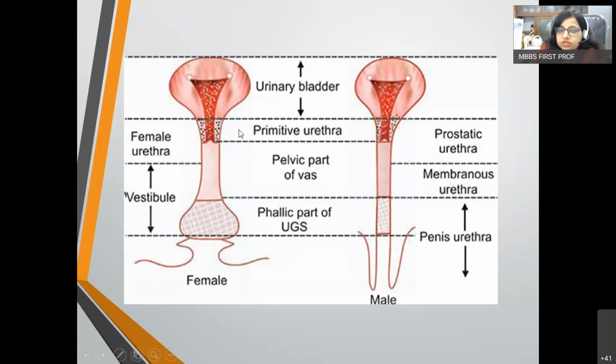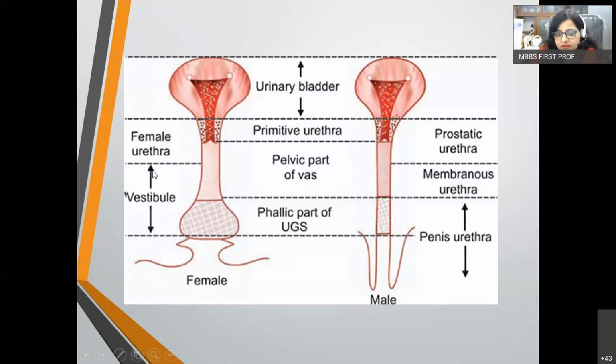The vesico-urethral canal, cranial part is forming the urinary bladder, and the caudal one is the primitive urethra. So this primitive urethra, along with the pelvic part of the definitive urogenital sinus, forms the female urethra. This is true for the prostatic part of the male urethra also. That is, female urethra corresponds to the prostatic urethra in male. And this is derived from the primitive urethra along with the cranial part of the pelvic urogenital sinus.